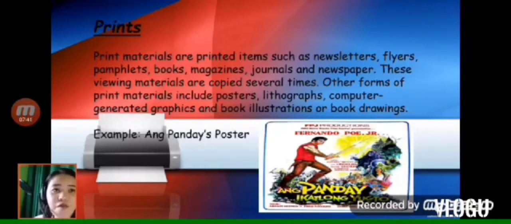Other forms of print materials include posters, lithographs, computer-generated graphics, and book illustrations or book drawings. At the right side of the slide, you can see a Panday poster, entitled Ang Panday, Ikatlong Yugto by Fernando Poe Jr. Okay.